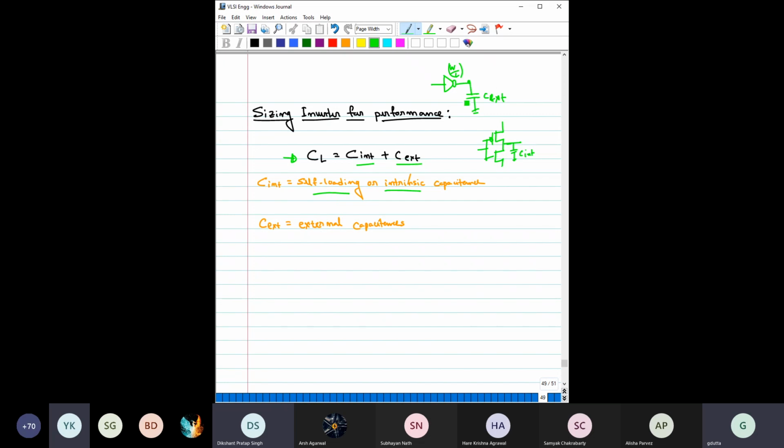C external is the external capacitance if it is driving a single capacitance, or if it is driving another gate, or maybe two gates, right? So depending on that, in general we can say this is because of the fan out, you know what is fan out, plus the wiring cap.